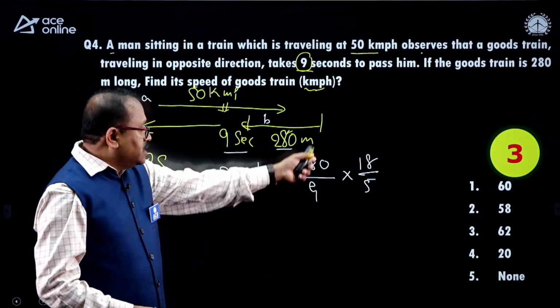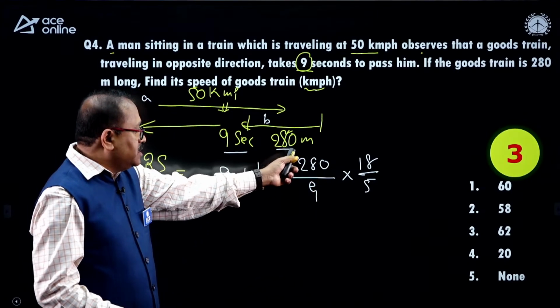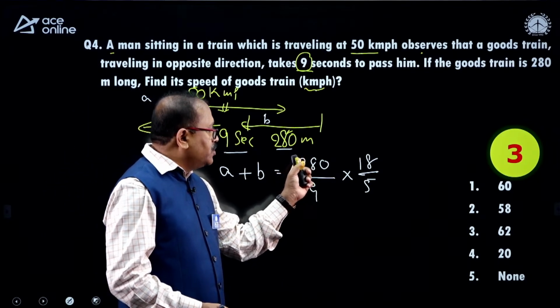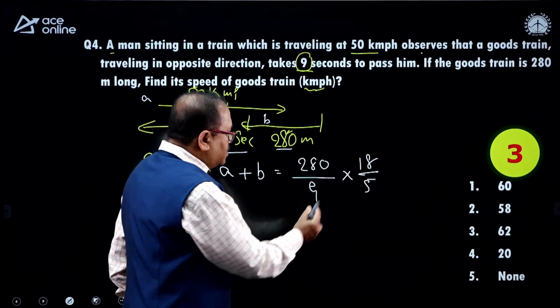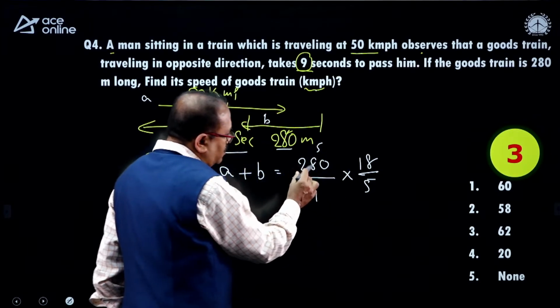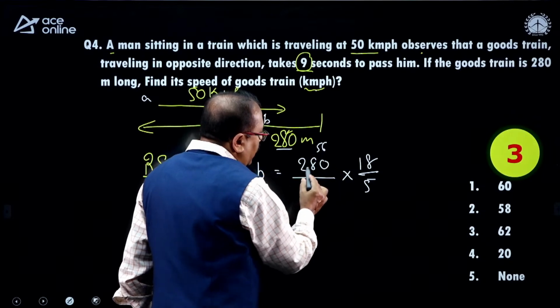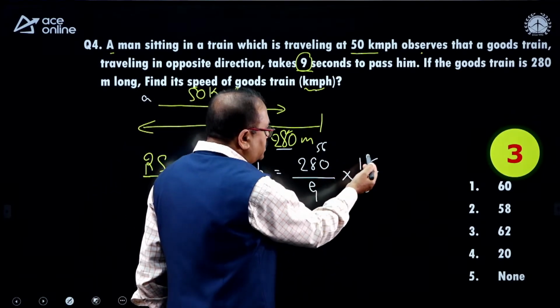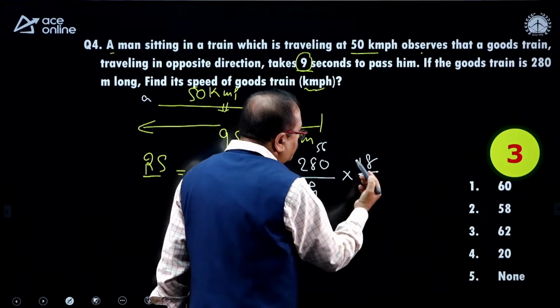So you notice that that gets cancelled 2 times and here it is getting cancelled. Finally, you will get 56 into 2, as this gets cancelled 2 times.